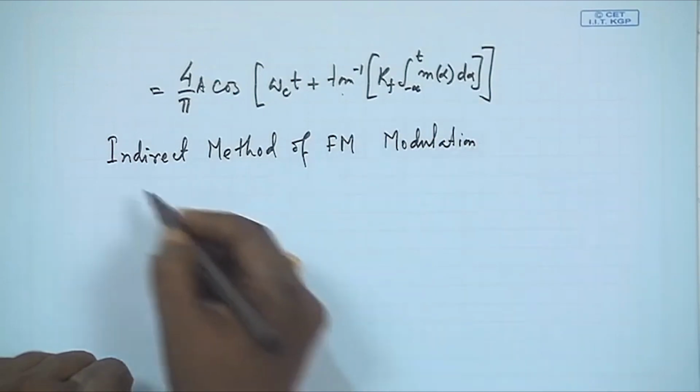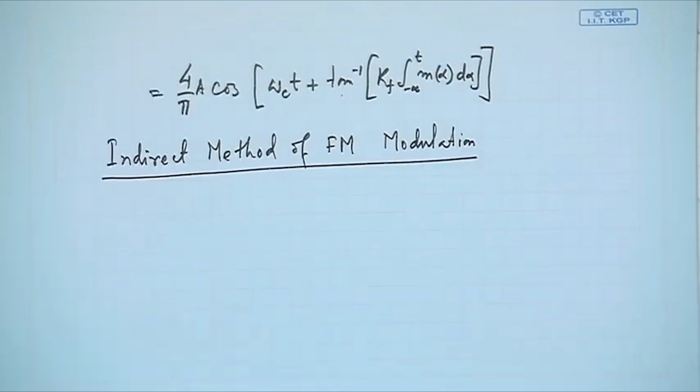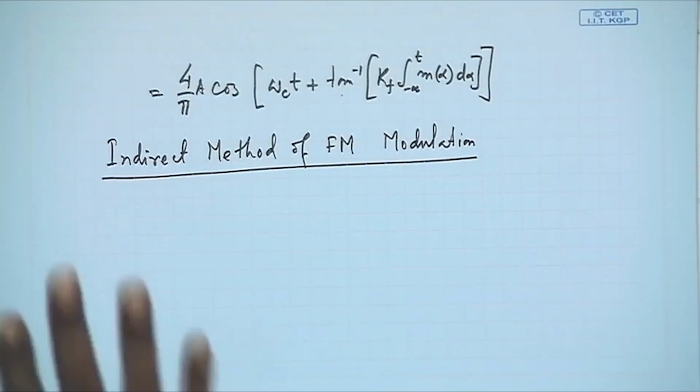We are targeting FM modulation and doing it indirectly. That means we first generate narrowband FM and from there convert it to wideband FM, not generating it directly. We will also see what we mean by direct generation, but this is the indirect method.